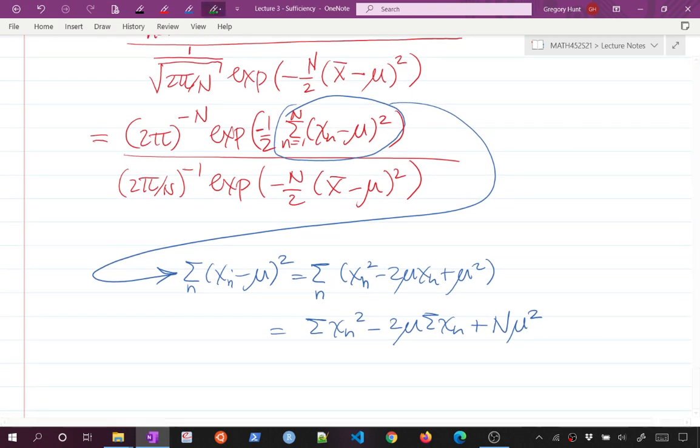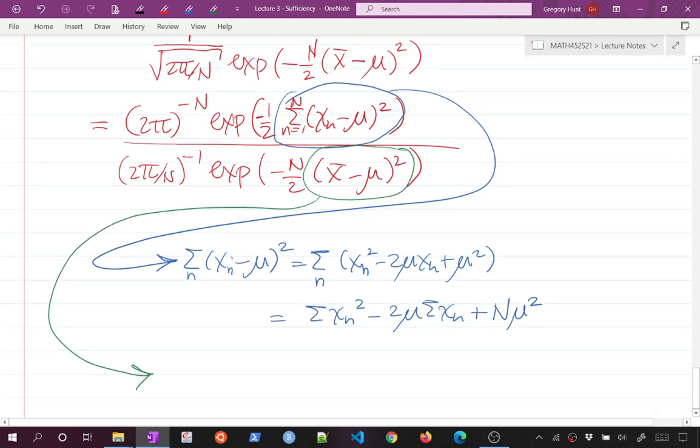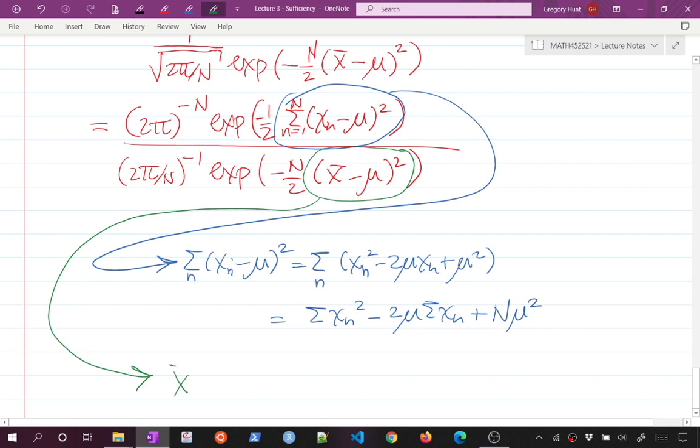If we might be able to do this, let's see, what if we expand this out? Let's live dangerously and see what happens here. So if we look at x bar minus mu quantity squared, this is x bar squared minus 2 mu x bar plus mu squared.